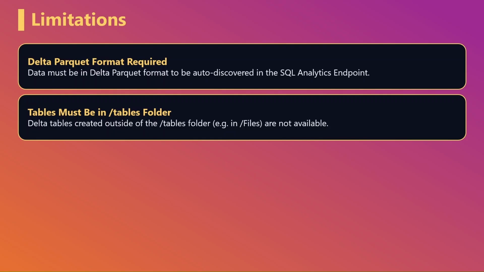But you can, of course, load that data into tables using a pipeline. So tables must be in the Tables folder. In case you have some data in the Files folder, that won't be reflected in the SQL Analytics endpoint.